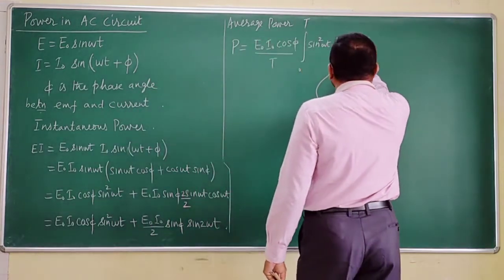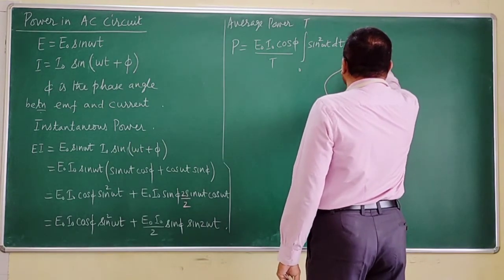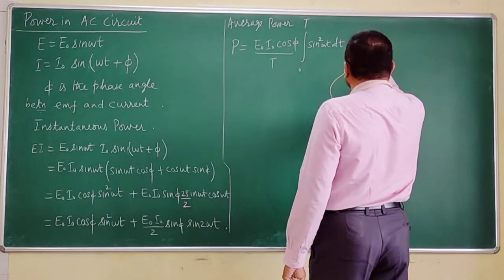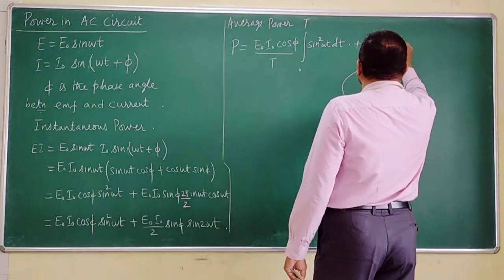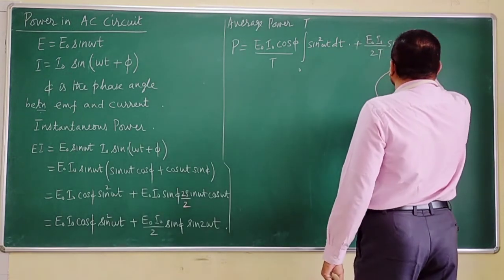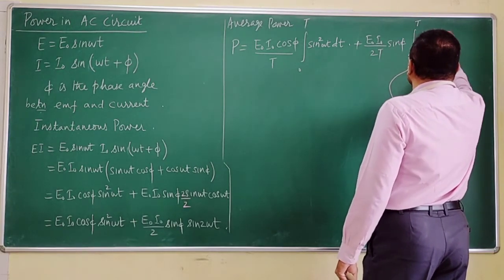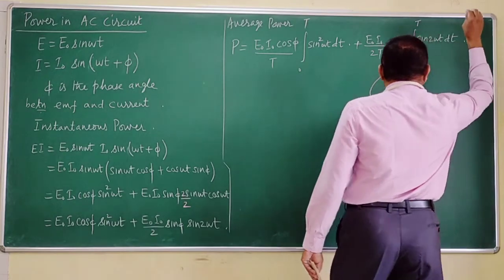Plus E naught I naught by 2 into sine phi into 1 by T, integral 0 to T sine 2 omega t dt.